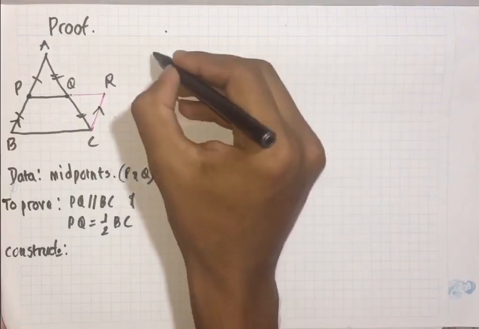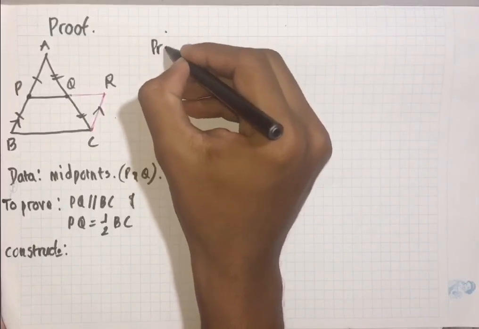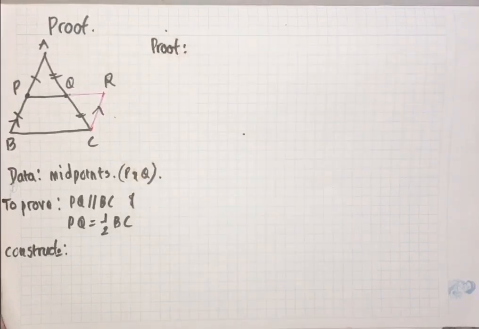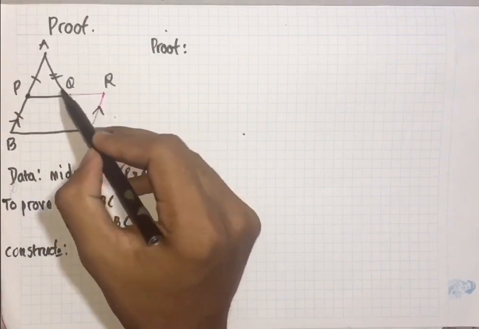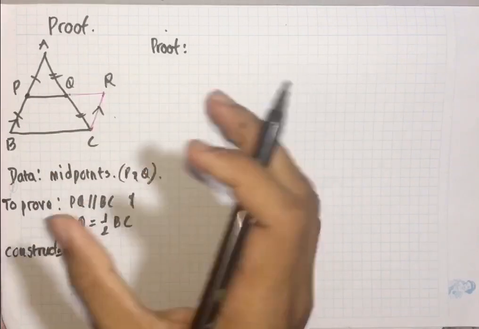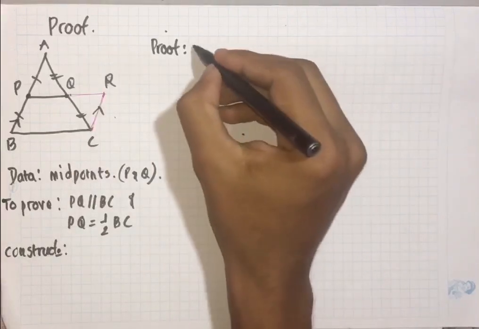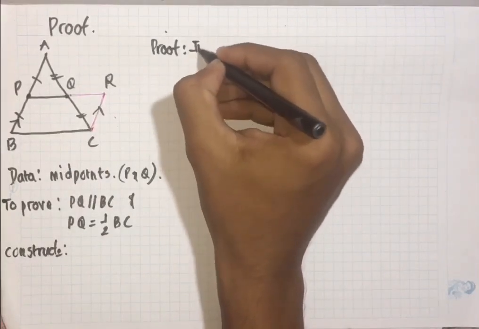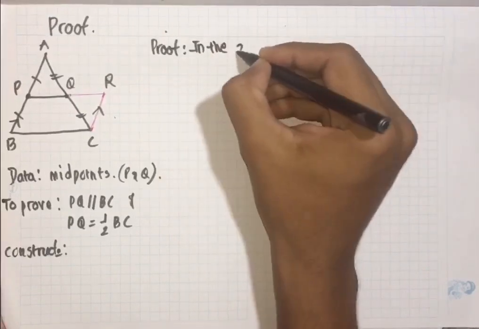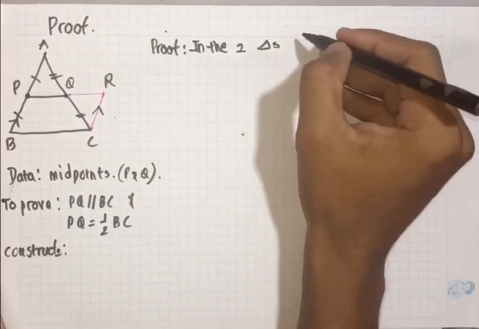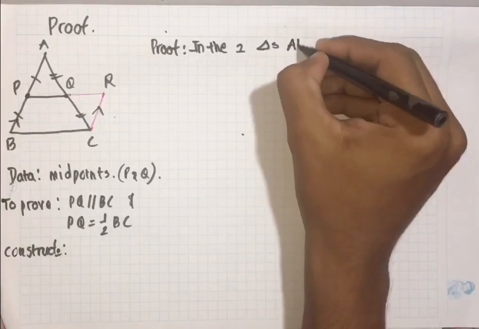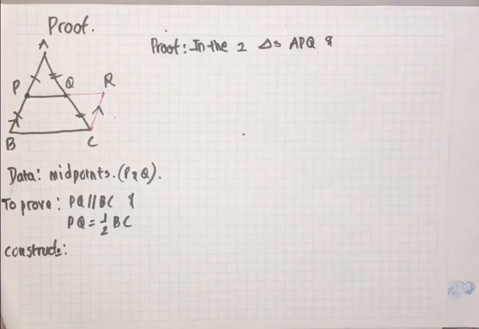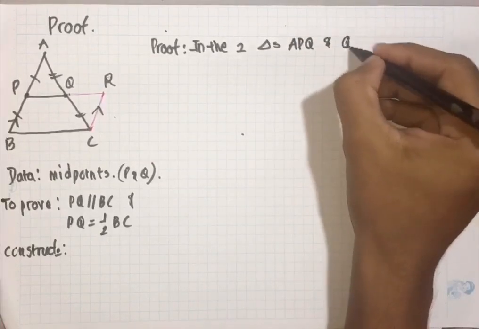Now shall we come to the proof part? Let us prove. First you can consider triangle APQ and triangle QCR and prove that they are congruent. In the two triangles, you can take APQ and QCR.